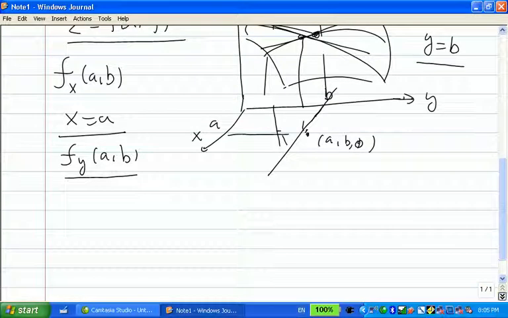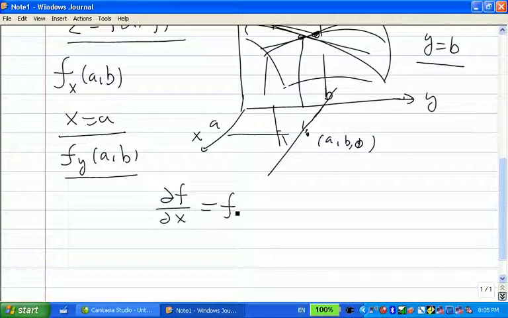Now, by the definition, to find the partial derivative with respect to x, you fix y and let x change. That tells you how to find the derivative.